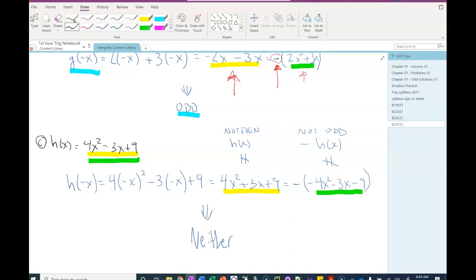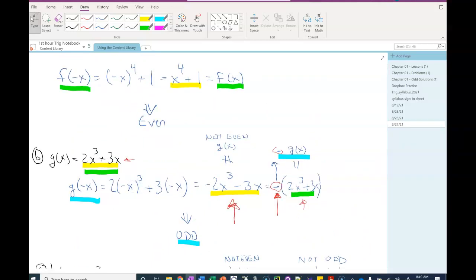The sum of odd functions will be odd. The sum of even and odd functions is going to be neither. For polynomial functions, a monomial with even degree is going to be an even function. A monomial with odd degree is going to be an odd function.